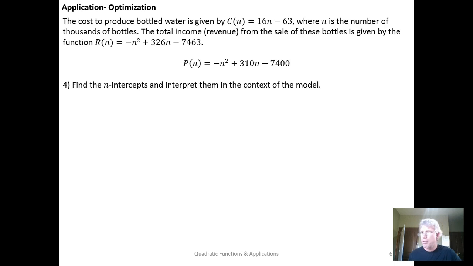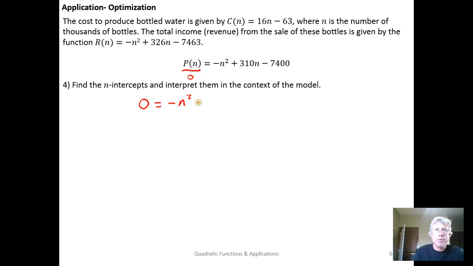So going back to the playground, find the n-intercepts. To find the n-intercepts, I simply set p equal to 0. So I say, when will the profit be 0? What are the values of n that will generate a profit of 0?